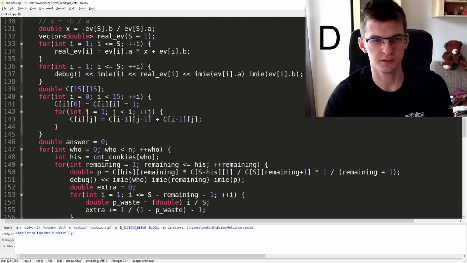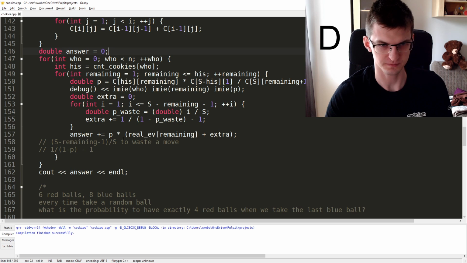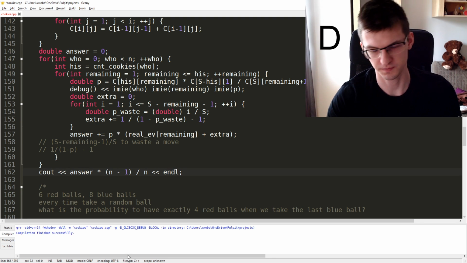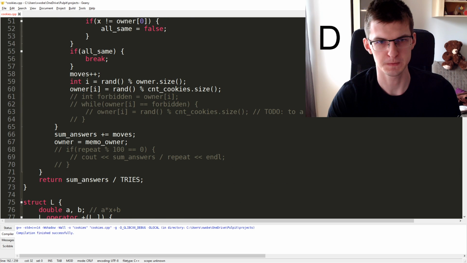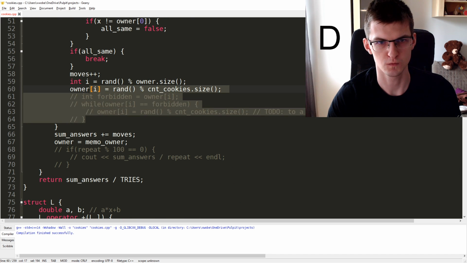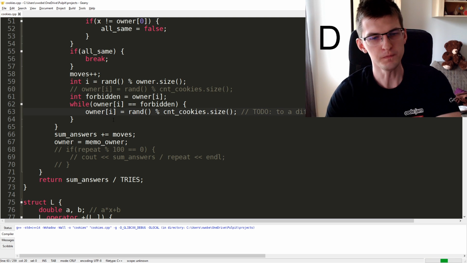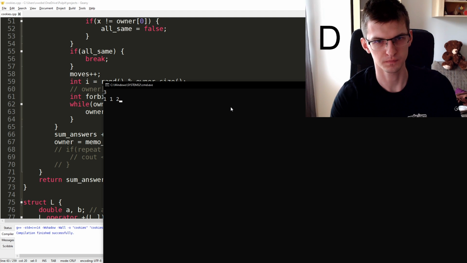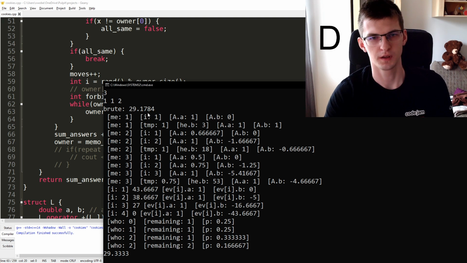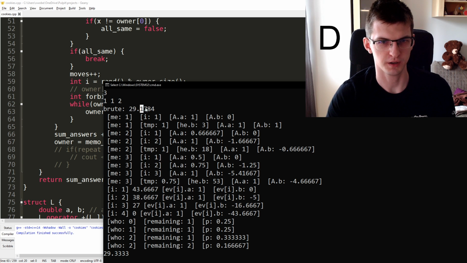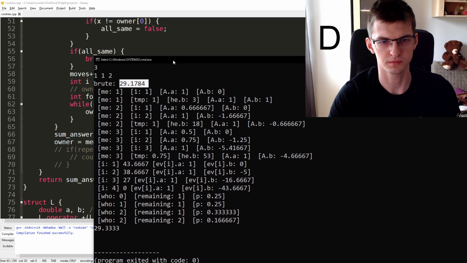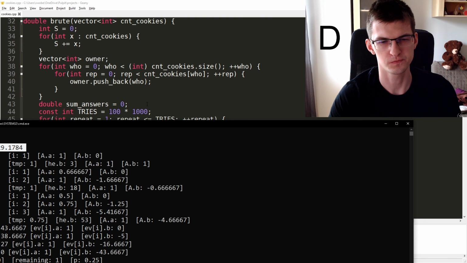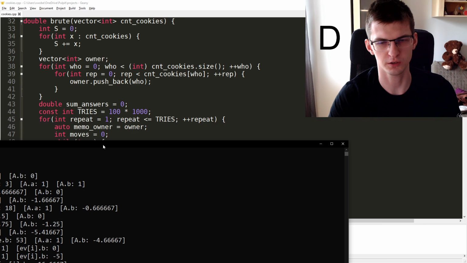And I need two remaining parts. Well, one obvious one is to do this. 29, I guess good enough. It's not that precise, but also I would expect it to be closer to the answer.